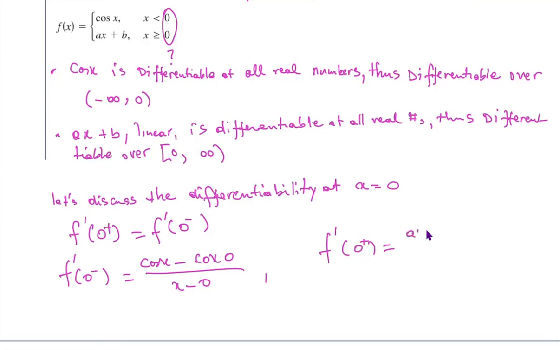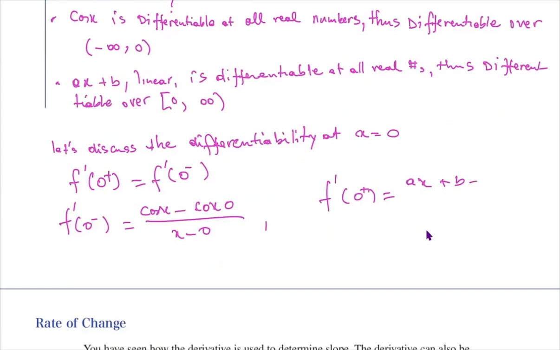a x plus b minus a times 0 plus b over x minus 0, which is just a.